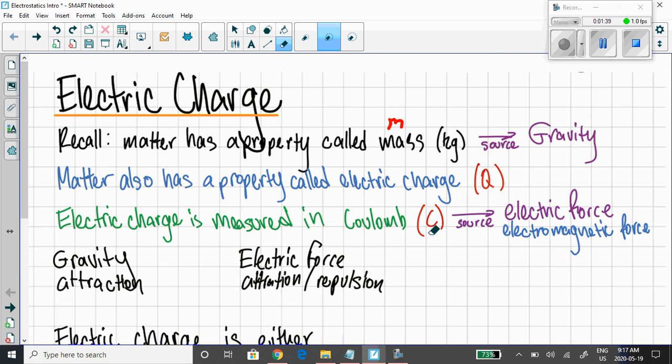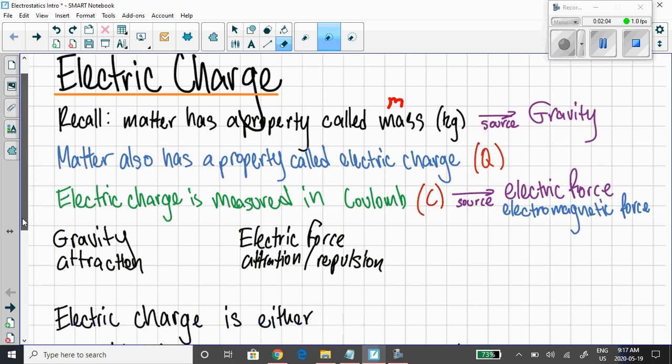It is the source of the electric force, just like mass is the source of gravitational force. And it is also part of what we call the entire electromagnetic force. As we go through this unit, we will realize that electricity and magnetism have a connection.